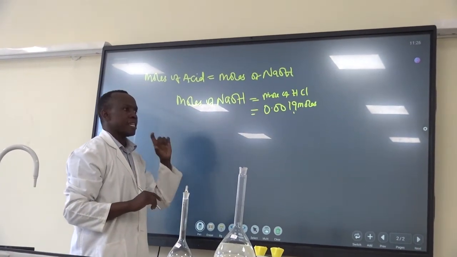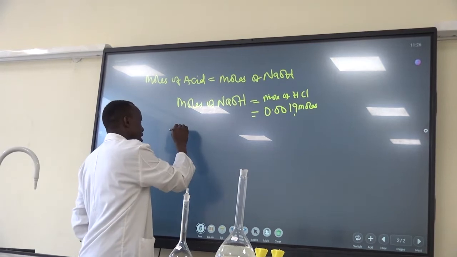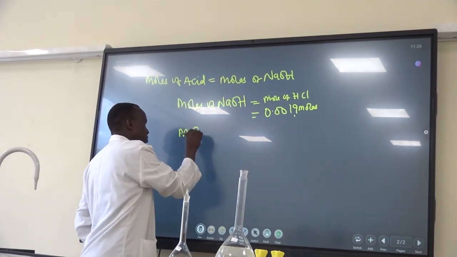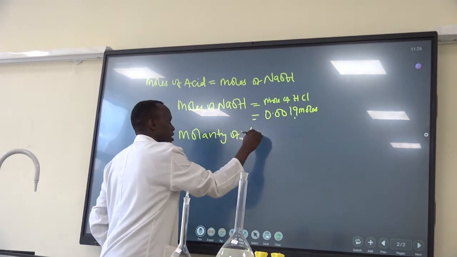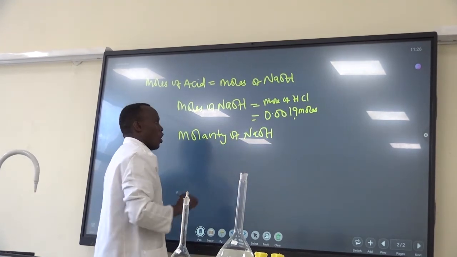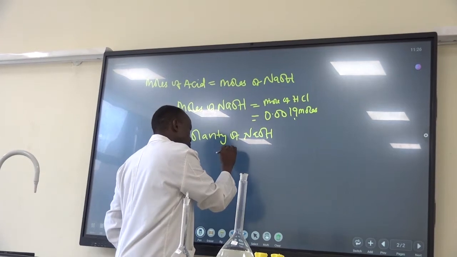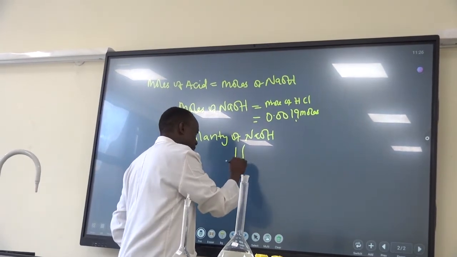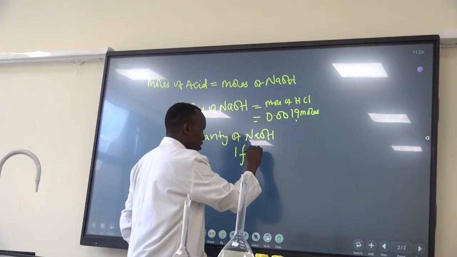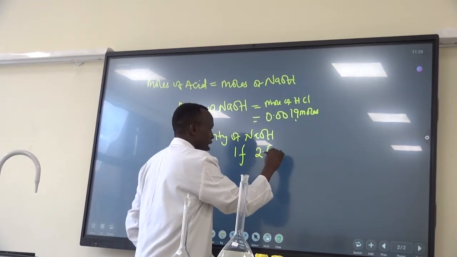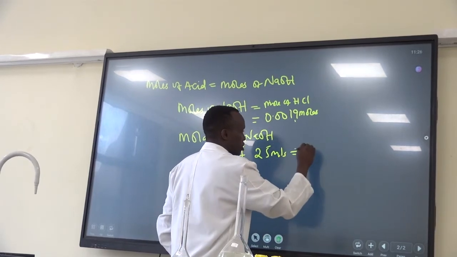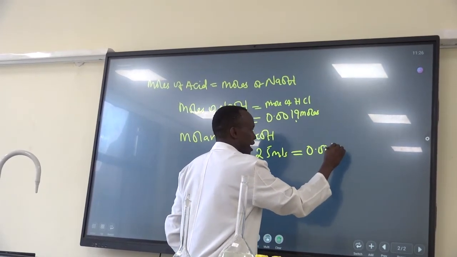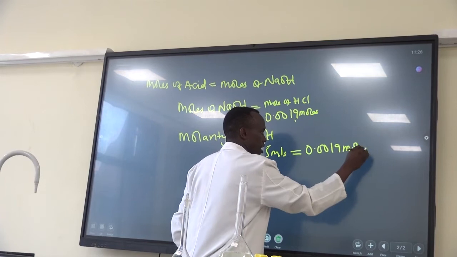So now we calculate the molarity of sodium hydroxide, which will be, you use this expression: the volume that we used, 25 mils of the sodium hydroxide, contain 0.0019 moles.